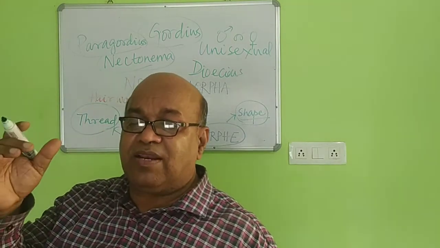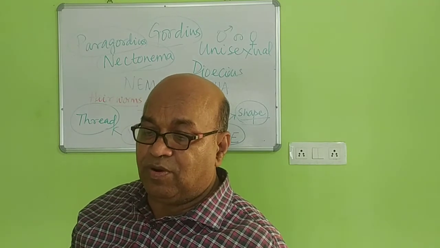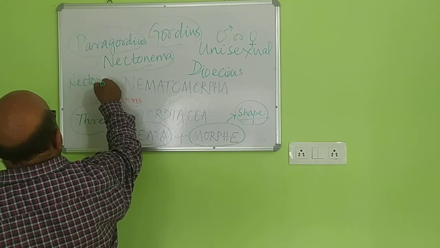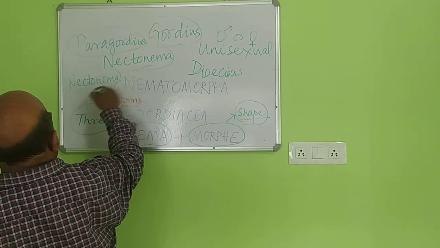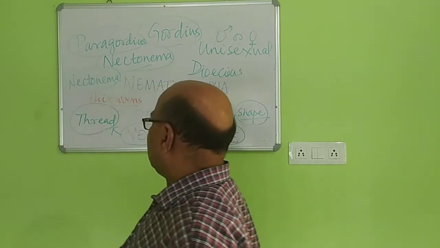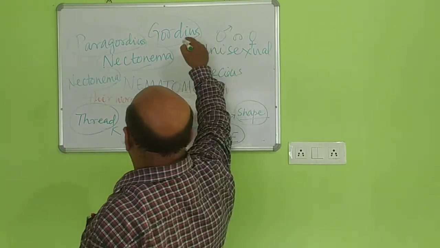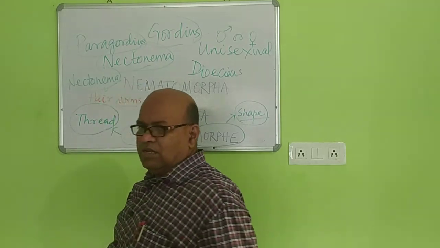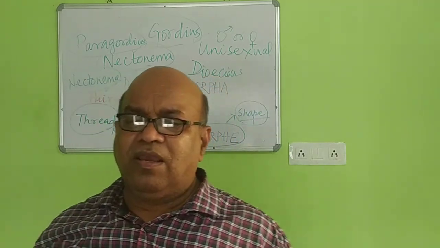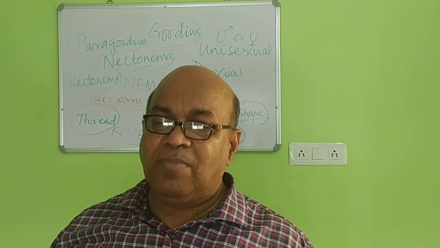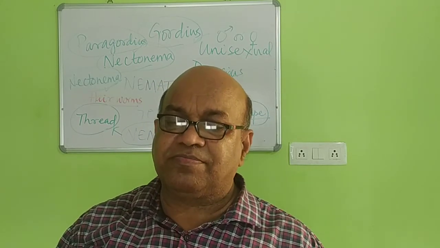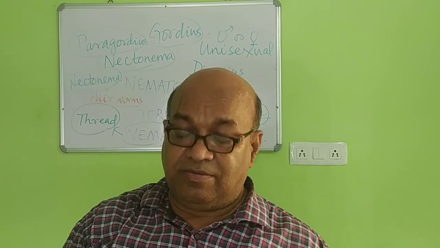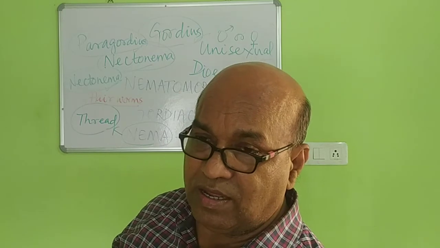And I already explained one genus, Nectonema, which is marine by nature and the only genus present in marine water. These three, Gordius, Paragordius and Nectonema, are examples of the class Nematomorpha, which is also called Gordiacea. Okay, thank you all.